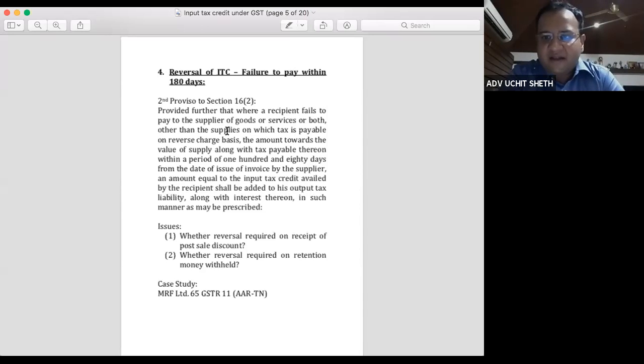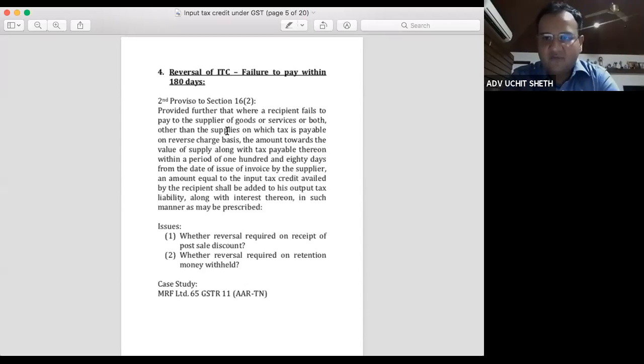Now, if you look at the valuation provisions contained in section 15, a discount which is given at the time of sale or which is agreed beforehand is admissible as a deduction to the seller from his invoice, from his transaction value. If it is a post-sale discount, that is a discount which is agreed upon and given only after the transaction of sale is over, then such a discount is not admissible by way of deduction from the transaction value of the seller.